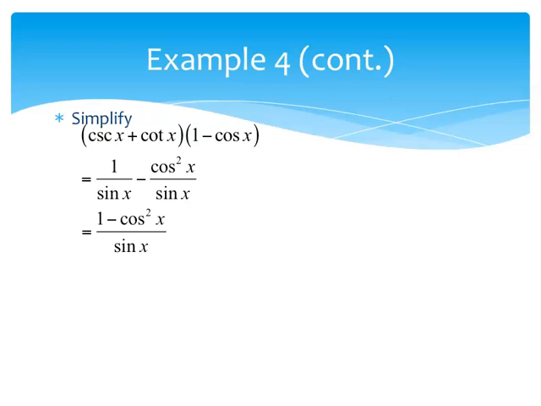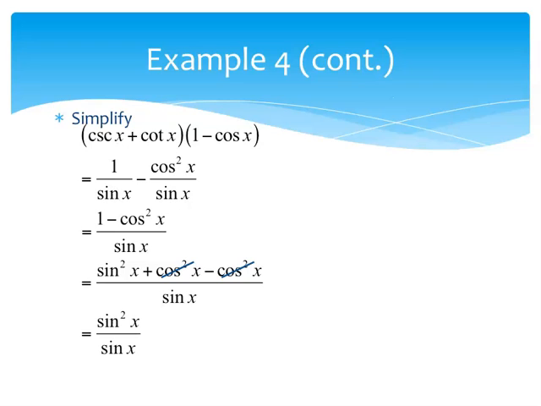So I'm going to replace the 1 with sine squared plus cosine squared. So that becomes sine squared plus cosine squared, and then we'll also add in the minus cosine squared that was there. And now you can see the cosine squareds are going to cancel. And look at that, we're just left with sine squared over sine, and one of the sines will cancel from the numerator and the denominator, which leaves us with sine of x.